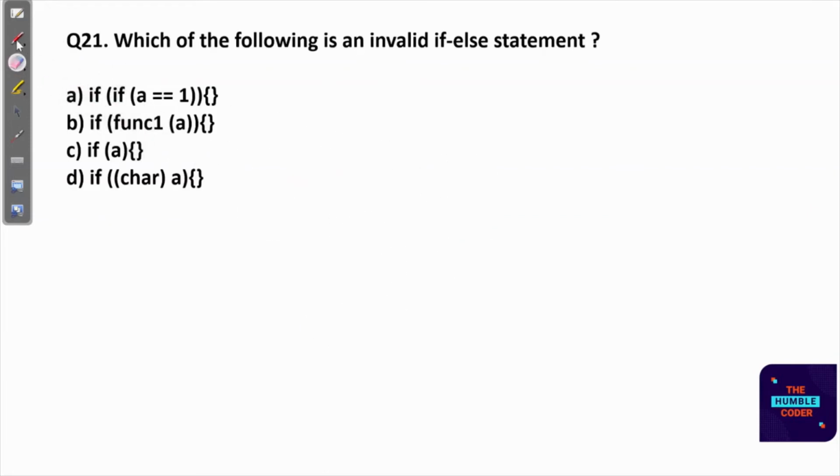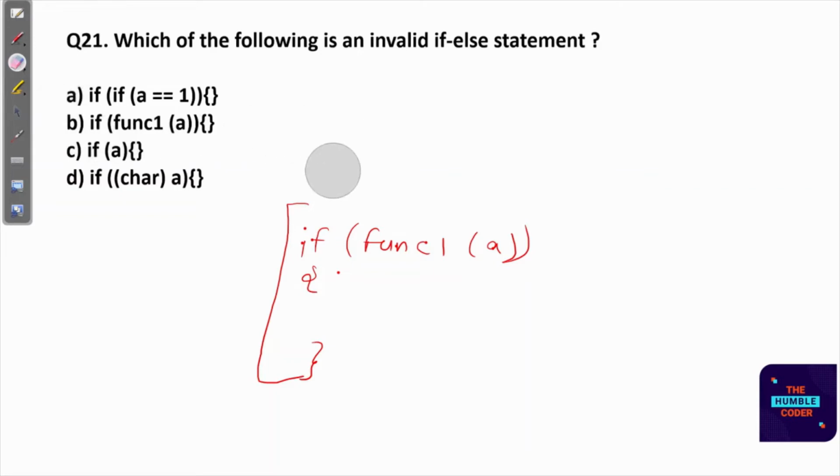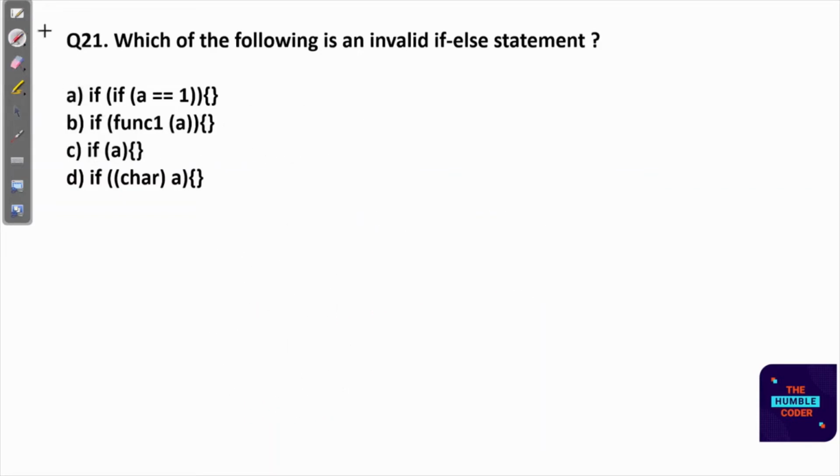Moving on with option B: if function1, we are passing the parameter and then writing the code. This is also a valid if condition, so this syntax is also right. We are left with option A, so let's see that also.